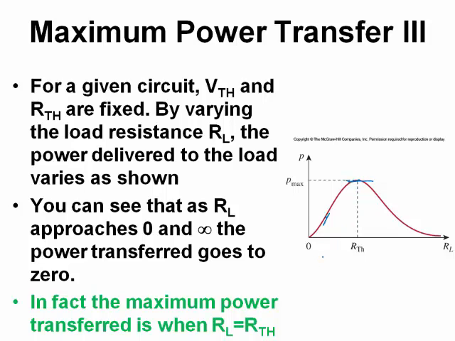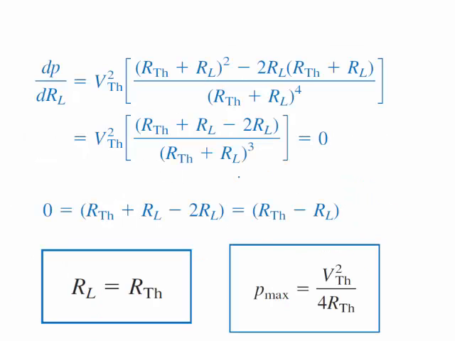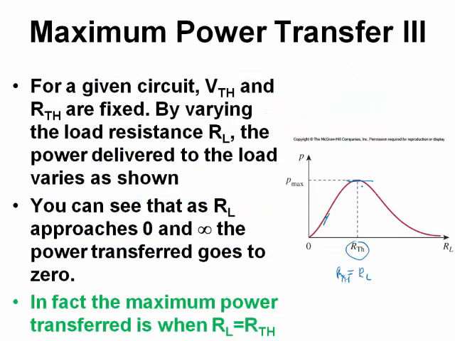So we're going to use that fact in order to prove that maximum power transfer occurs when our Thevenin resistance and our load are the same value. I said you have to take the derivative of the power curve with respect to the load resistor and set it equal to 0, because when the derivative equals 0, you've found that point on the curve.